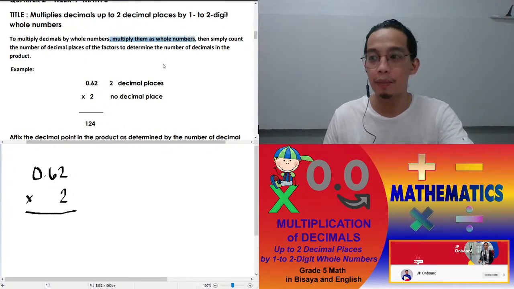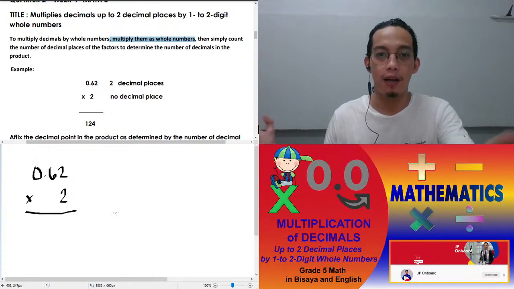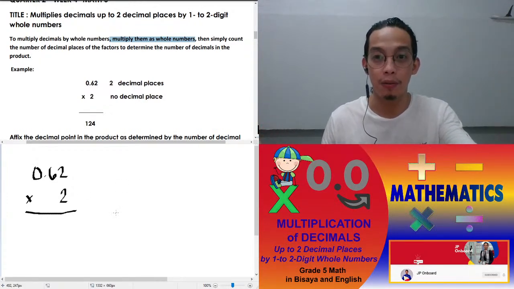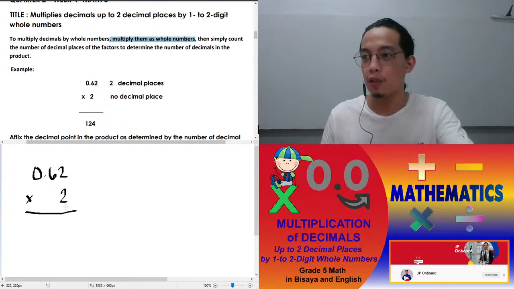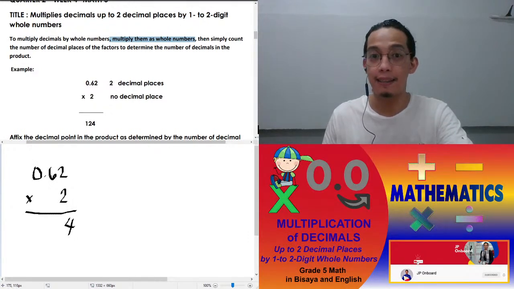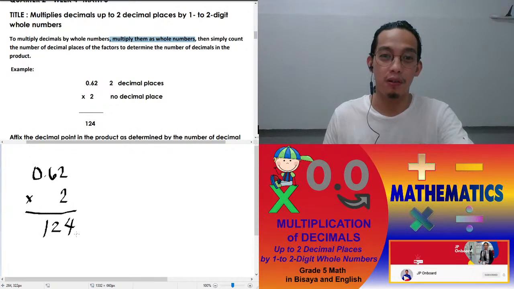So we will multiply them as whole numbers, regular, mura tag multiply of whole numbers. Okay? So, first is 2 times 2, which is 4. Then 2 times 6 is 12. And 2 times 0 is 0, so no need to write it down.